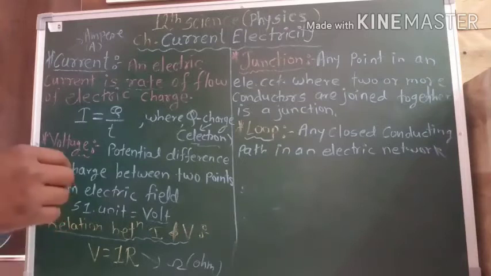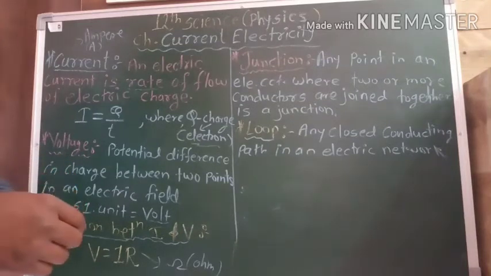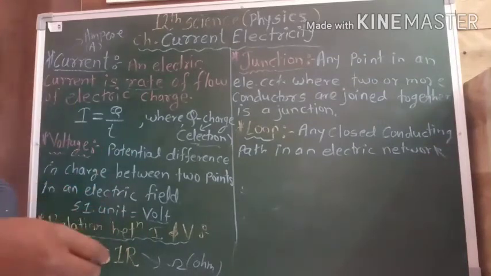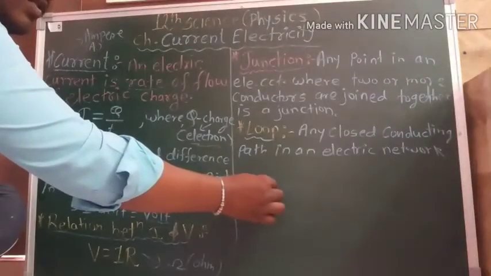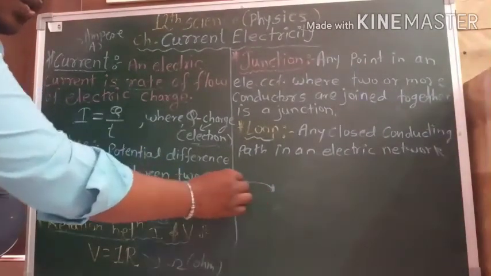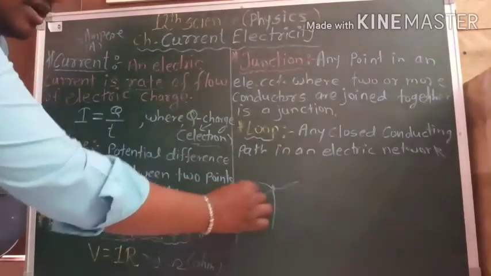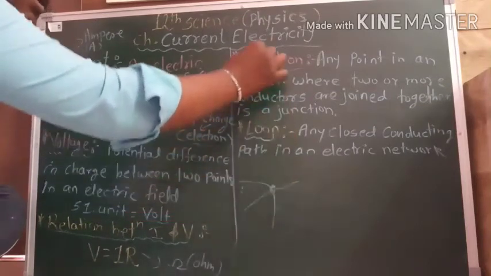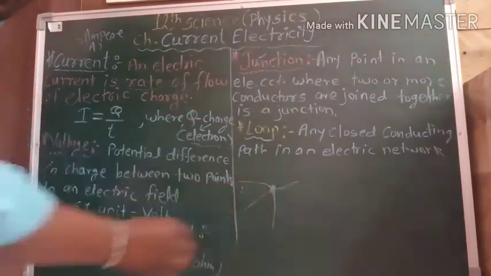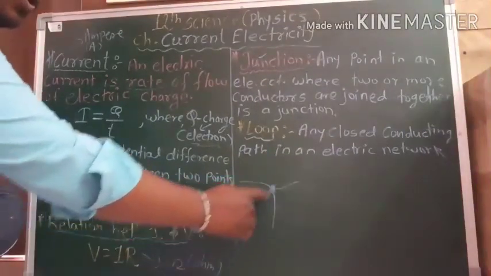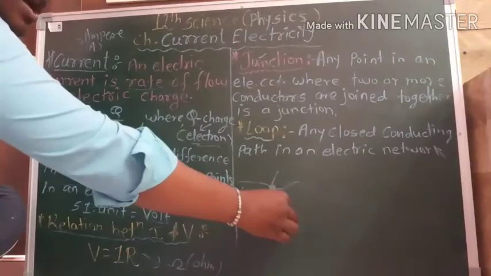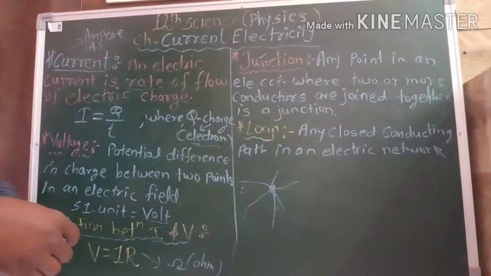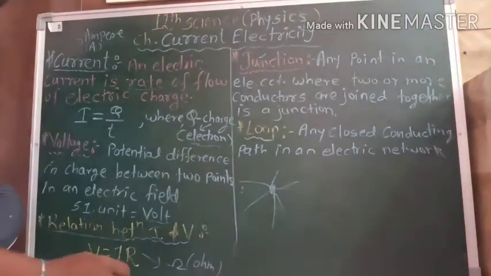Suppose this is a point in the electrical circuit, and at that point two or more electrical conductors are joined together. That point is called a junction.